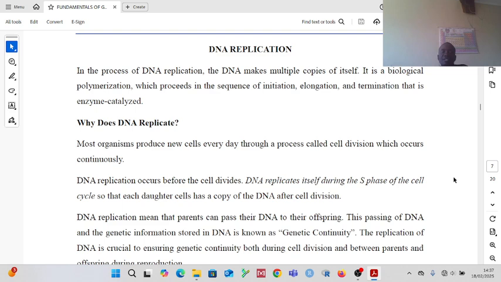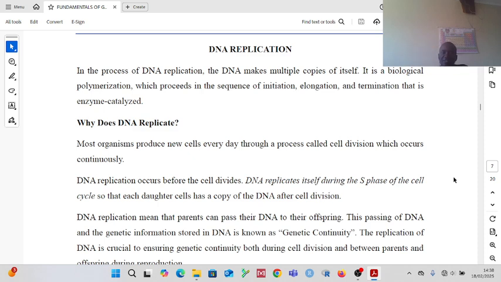So we want to look at the process through which DNA makes many copies of itself. The process of DNA replication is the process through which DNA multiplies, makes multiple copies of itself. So it is a biological polymerization which proceeds in 3 main stages.